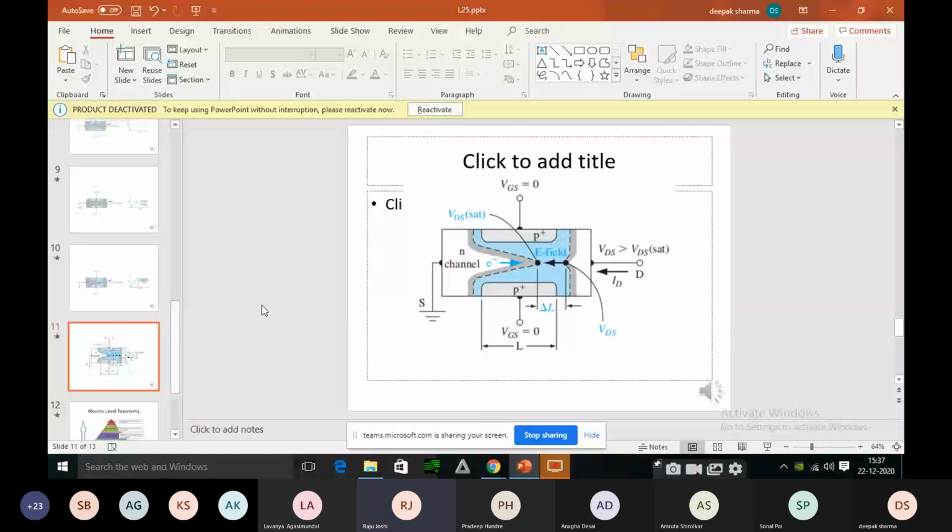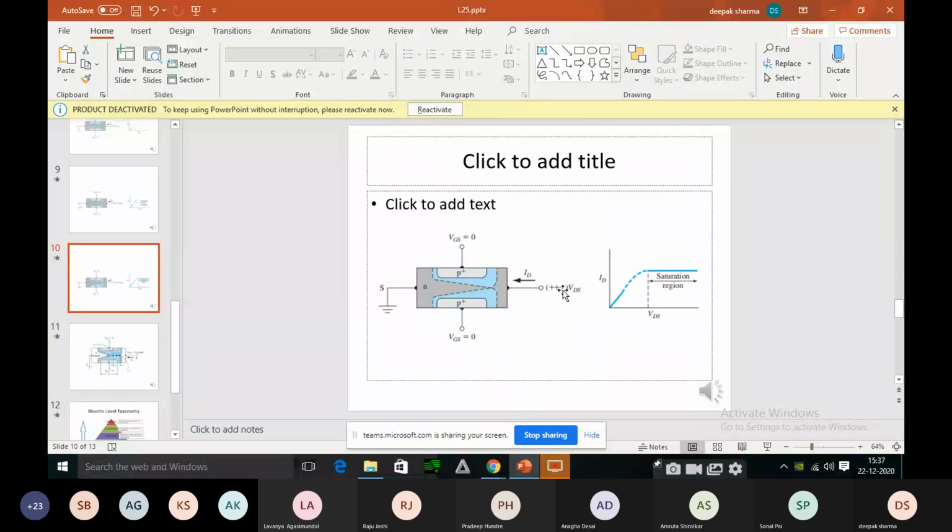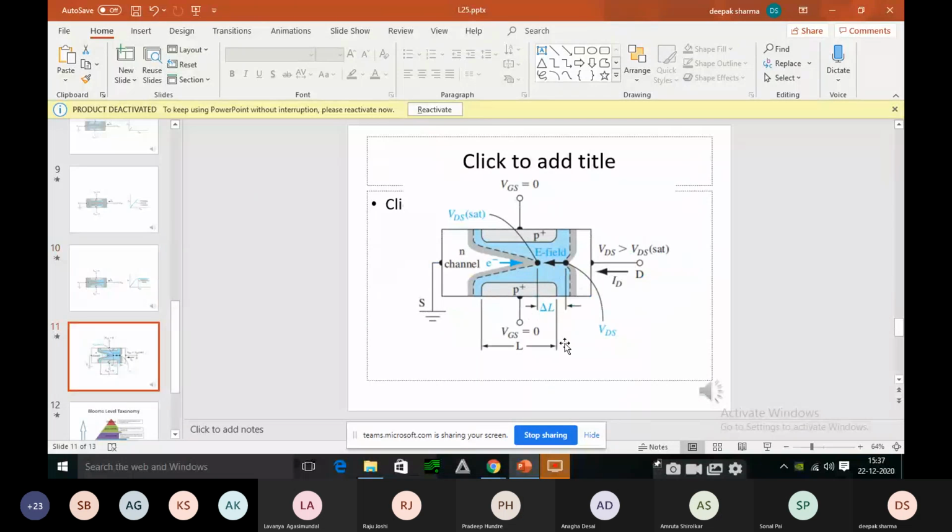So for diagrams, you'll have 5 to 6 marks. For explanation, you'll have 4 to 5 marks. So this point is clear. Then we'll go with the next diagram.